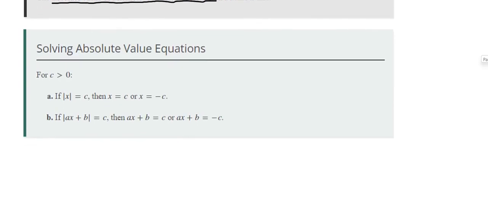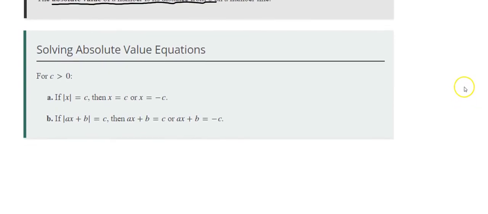Let's look at a few little definitions. These will become way more clear once we start doing some examples. If you have an absolute value and this C here, that just means a number. Okay, that's a constant. It could be anything. It could be 1, 2, 10, 4.5, doesn't matter. If you have something where it says the absolute value of x equals C, then that x is going to equal C or -C. Look at what it does up here.